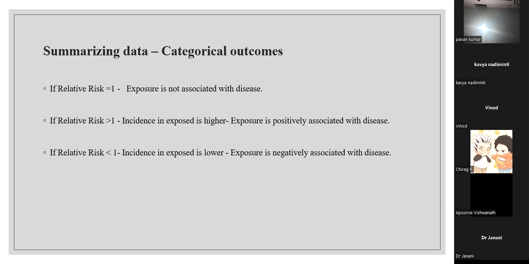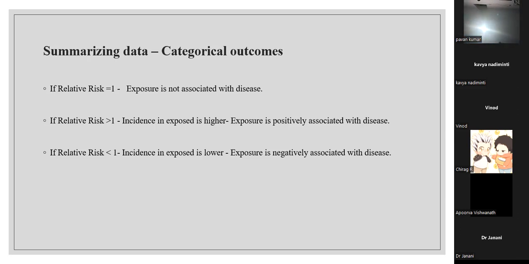So if it is more than 1, the patients who are exposed developed the disease, sir. And negatively associated means even after the exposure, they didn't develop the disease. No. When they are exposed, the disease occurrence will be less in those patients.